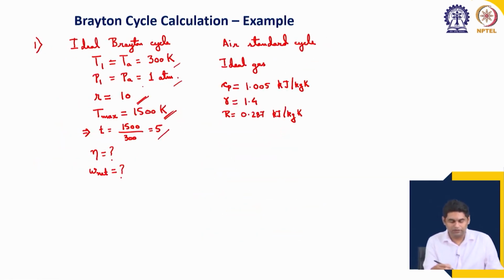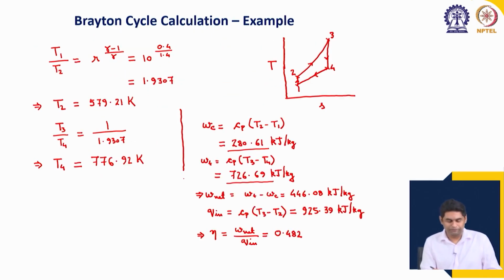That is why we are revisiting this problem. If you remember the values of T1, T2, T3, T4 obtained: T1 was already known, 300 Kelvin, T2 we had obtained to be 579 Kelvin, T3 was already known as 1500 Kelvin, and T4 we had calculated to be 776 Kelvin.